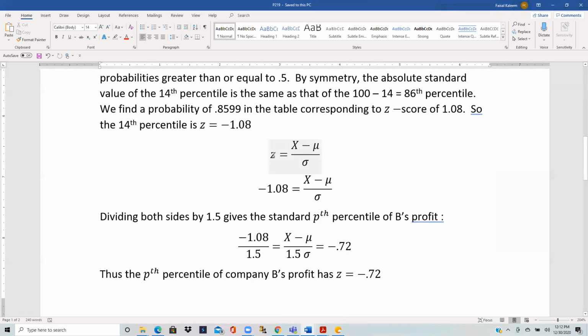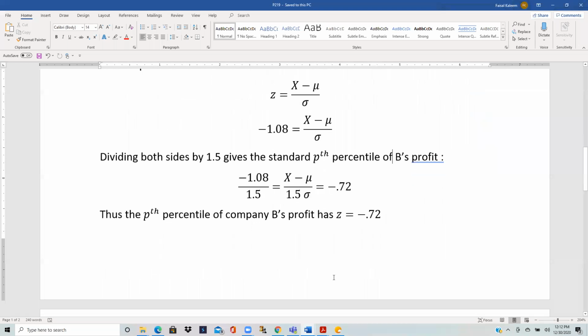Just as this was giving us the Z-score for the 14th percentile of A's profit, because X was the 14th percentile of A, and we are told that X is the Pth percentile of B. So this expression gives us the Pth percentile of B in terms of Z.